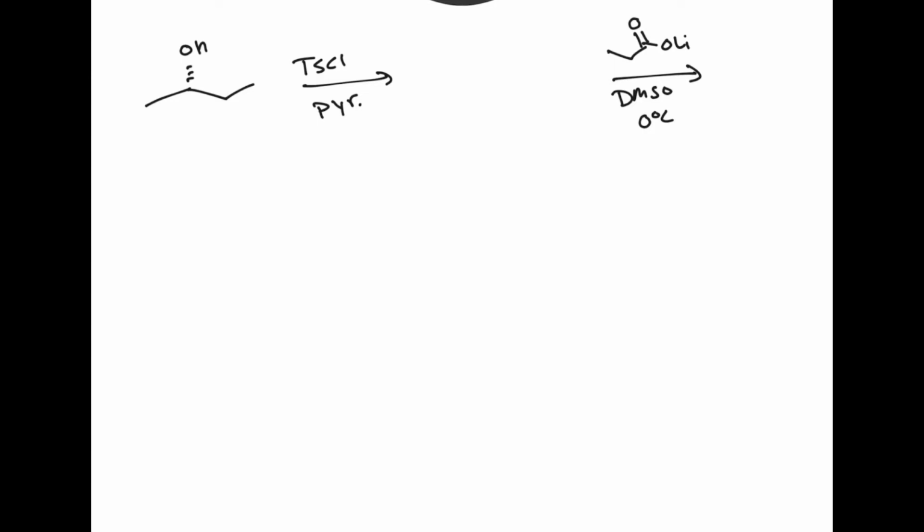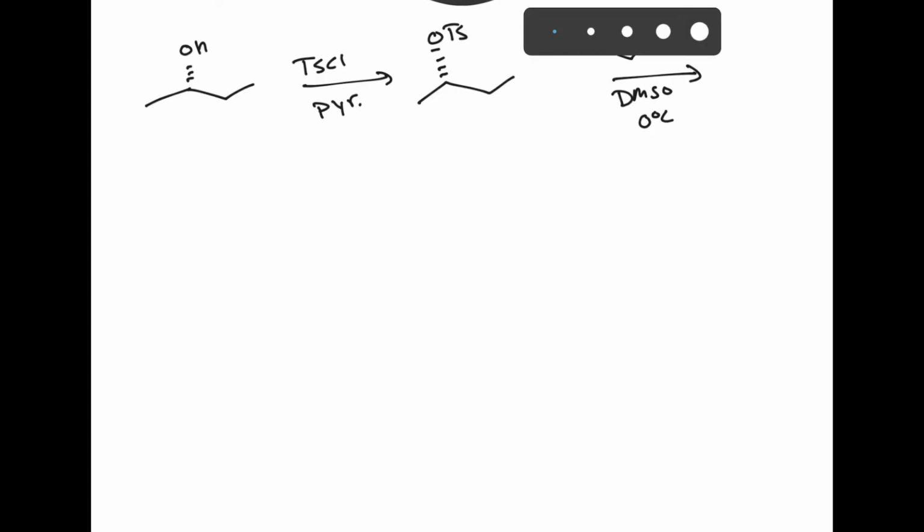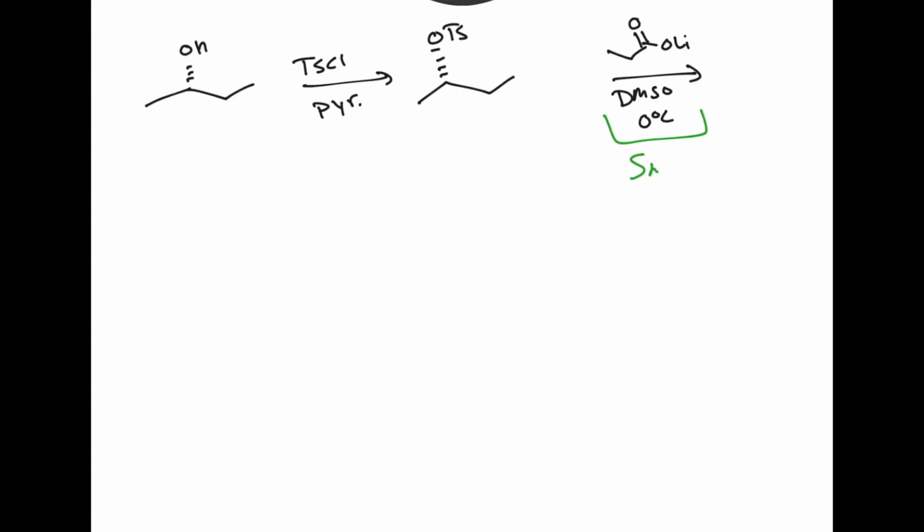So I'm going to make my sulfonate ester and keep the stereochemistry on my alcohol, because I don't do anything to the carbon-oxygen bond. Now I'm going to do an SN2 reaction with a carboxylate.